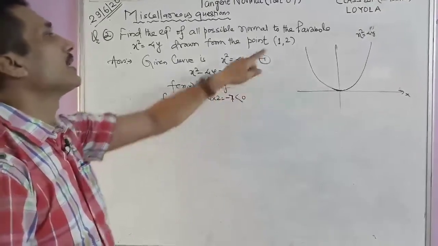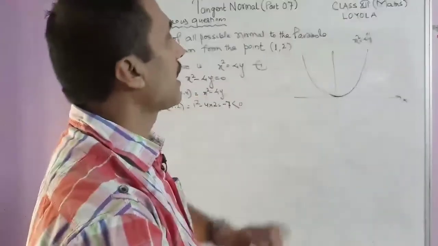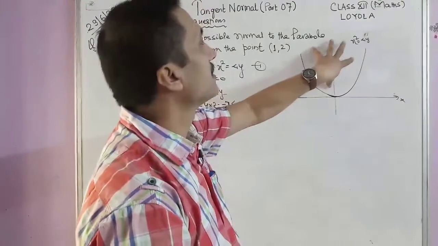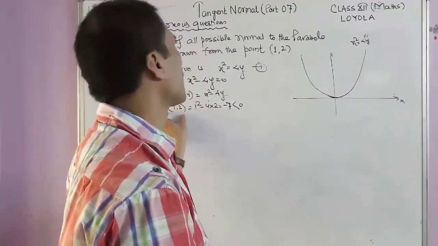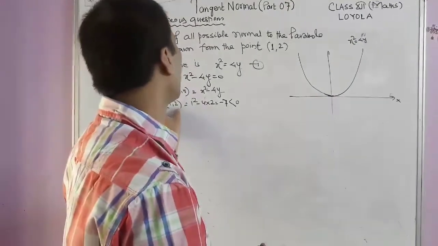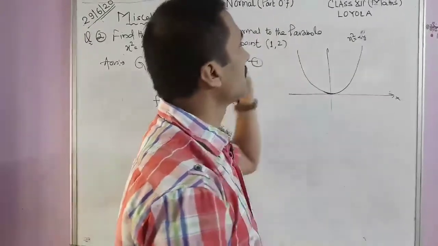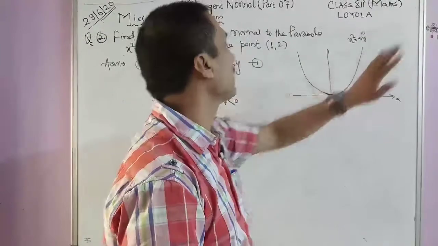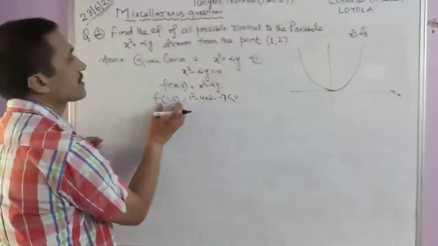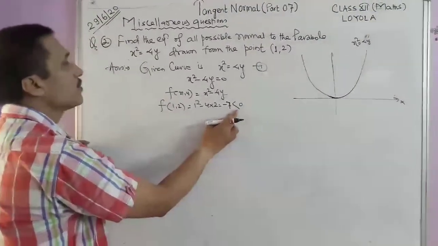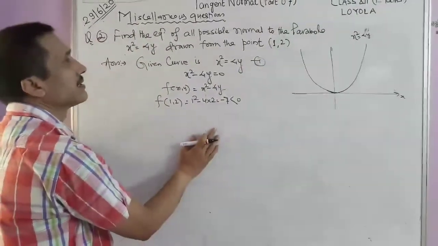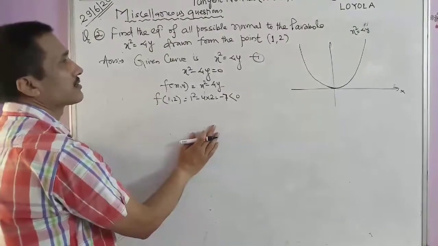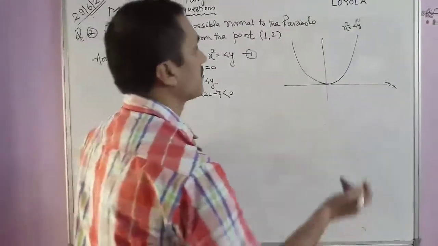So point (1, 2) lies inside the parabola. If this expression is greater than 0, in such a case the point will be outside. Here f(x, y) is less than 0, so the point is inside the given parabola x square equal to 4y.